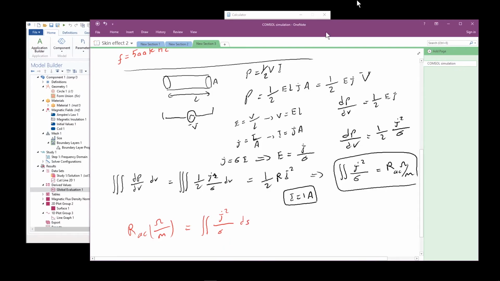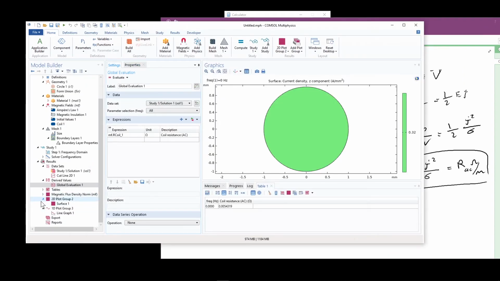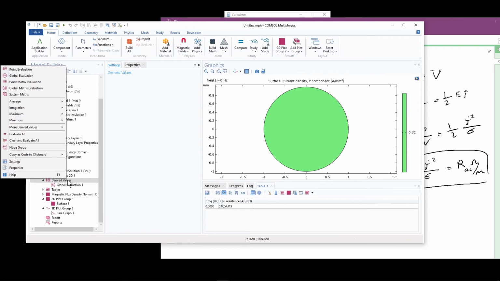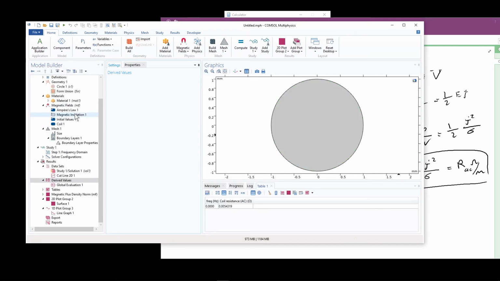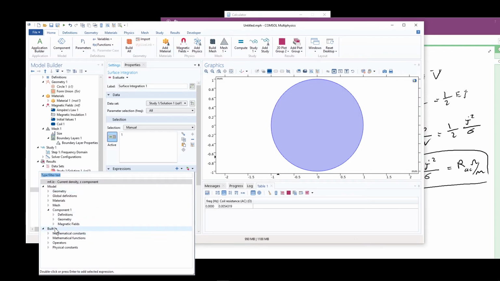All right. So what we can do, we can actually do the same thing here. I right click on derived value, click on integration, surface integral, and then we select this whole surface. But what do we want to integrate? We want to integrate the norm of the current density to the power 2.